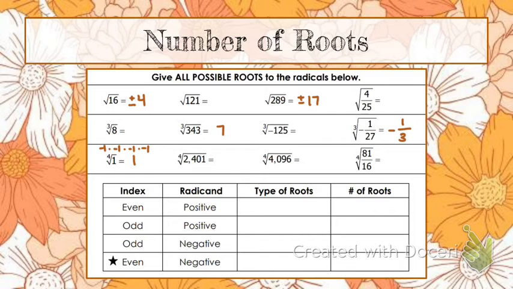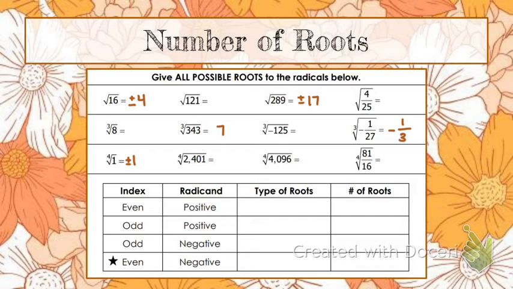We know that 2 negatives make a positive, so that's really 1 times 1, which is positive 1. So, yes, this can be a negative 1, and we see that there is a pattern: if we have an even index, then the root can be a plus or a minus.